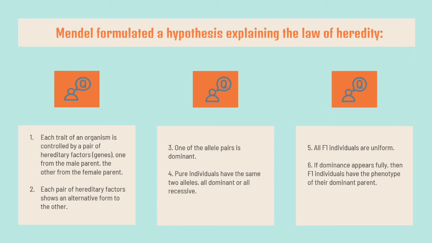One of the allele pairs is dominant. 4. Pure individuals have the same two alleles, all dominant or all recessive. 5. All F1 individuals are uniform. 6. If dominance appears fully, then F1 individuals have the phenotype of their dominant parent.